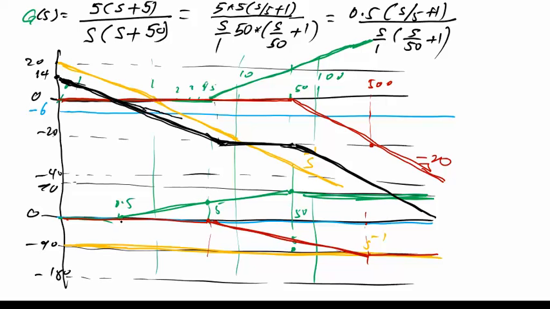So minus 90 till 0.5. So this is minus 90, and then it will be minus 45 here. And here this will be the same increase up and down. So it will go in a straight line to this point, and then it will follow.